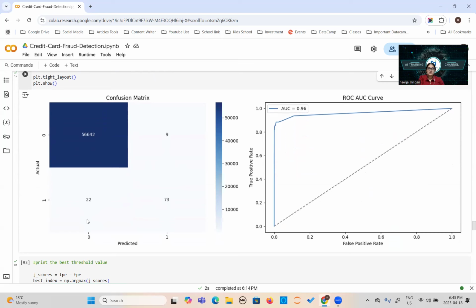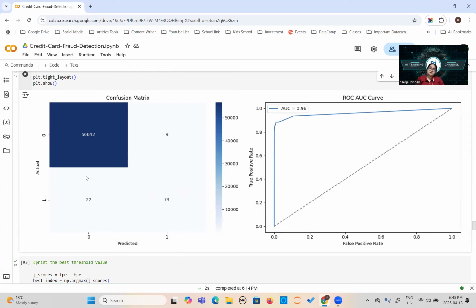We want to reduce this and increase this, because if a transaction is fraud, our machine should always say it's fraud. If it is saying not fraud, then we will not be able to save our amount, and the fraudster will take out all your money. So that's why this is important.